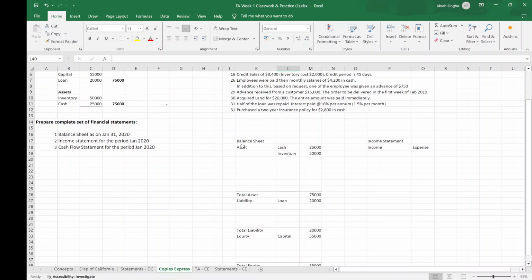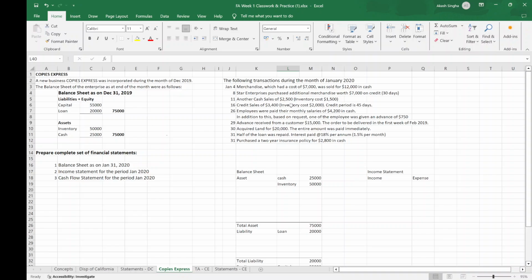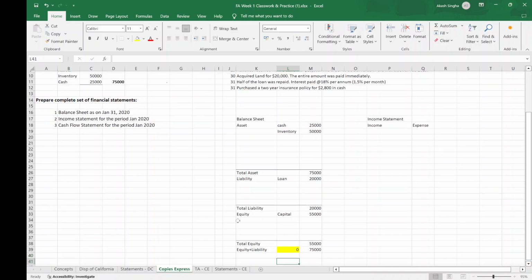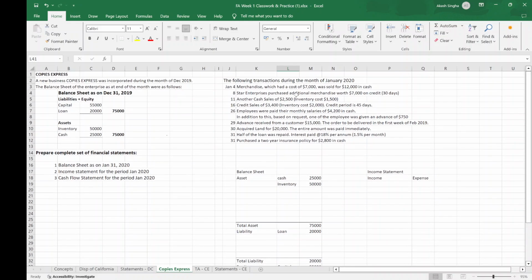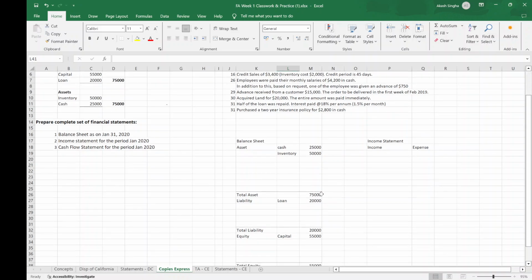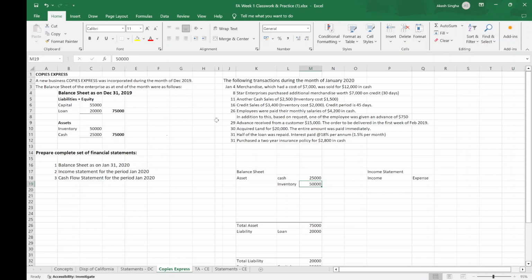Okay. So merchandise which had a cost of 7,000 was sold for 12,000 in cash. So the inventory got decreased by 7,000.